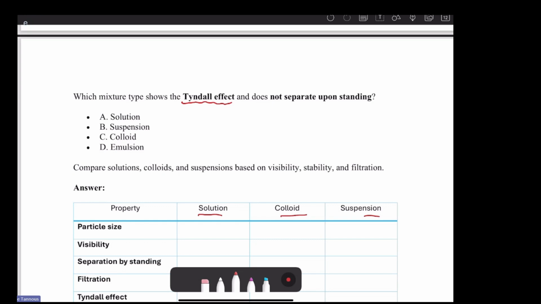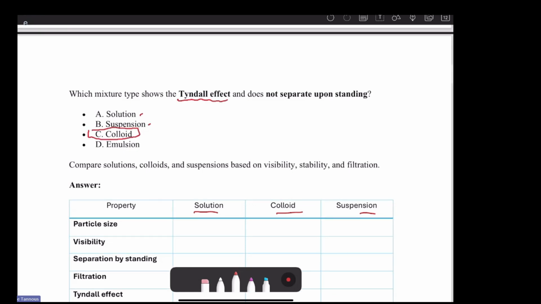If this mixture scatters light, it means the particles of the mixture appear when the light goes through them. We say scatter light. And the one that scatters light is colloid. Suspension can, but there's something that we need to do. Solution can never scatter light.